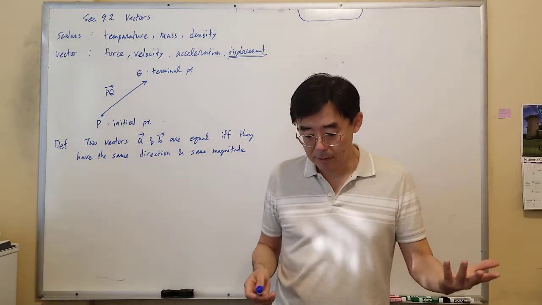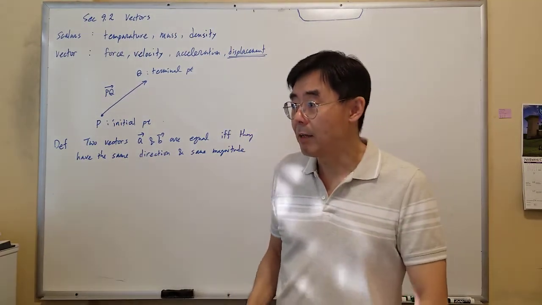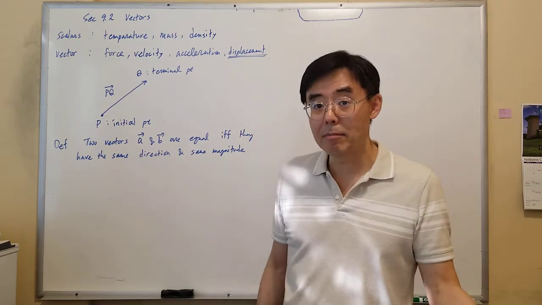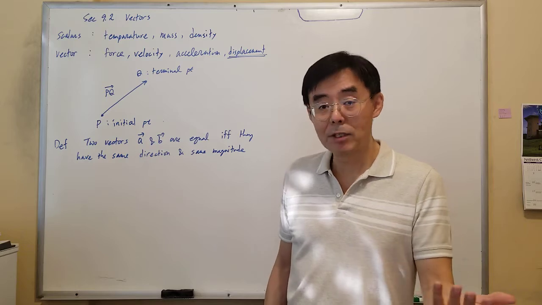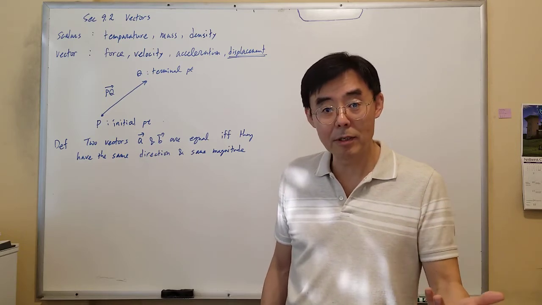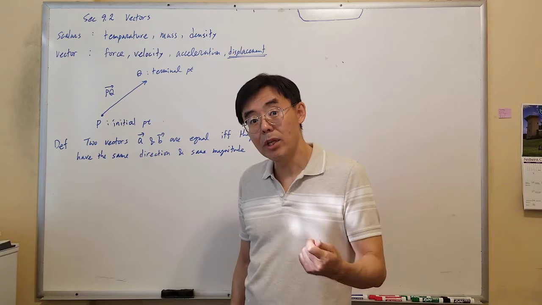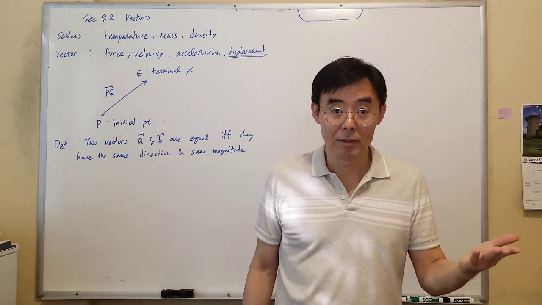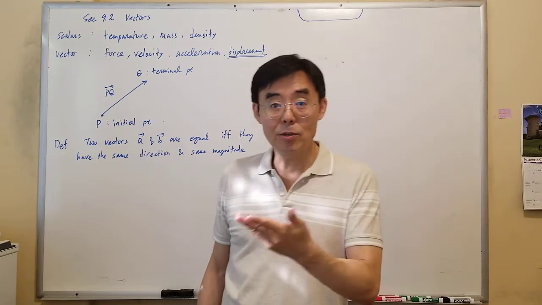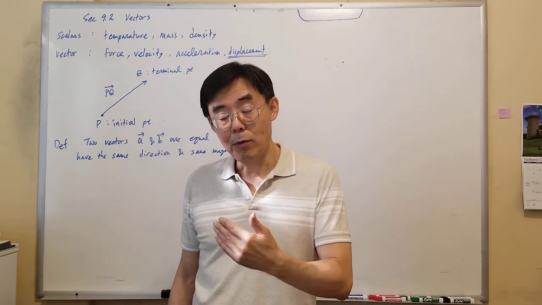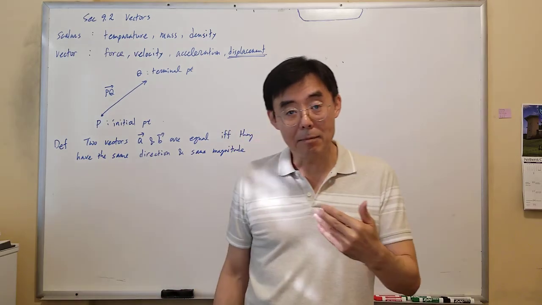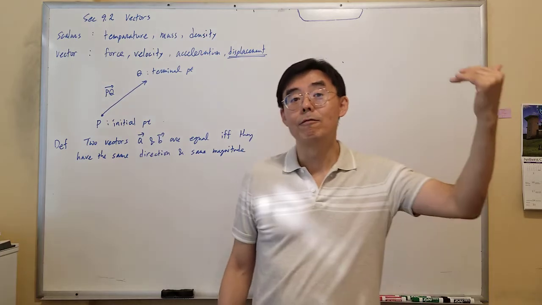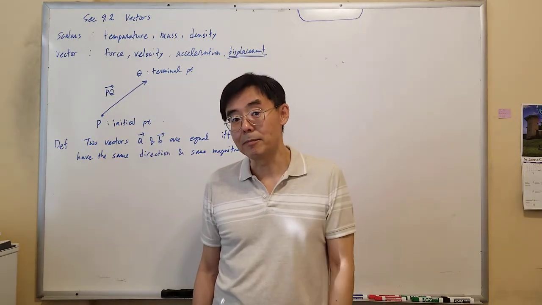For example, let's think about it. Let's say this morning, 8 a.m., the Bakersfield, California weather station recorded wind blowing from the northwest at 10 miles per hour. And the Fresno weather station at 8 a.m. also recorded a wind velocity from the northwest direction at 10 miles per hour.